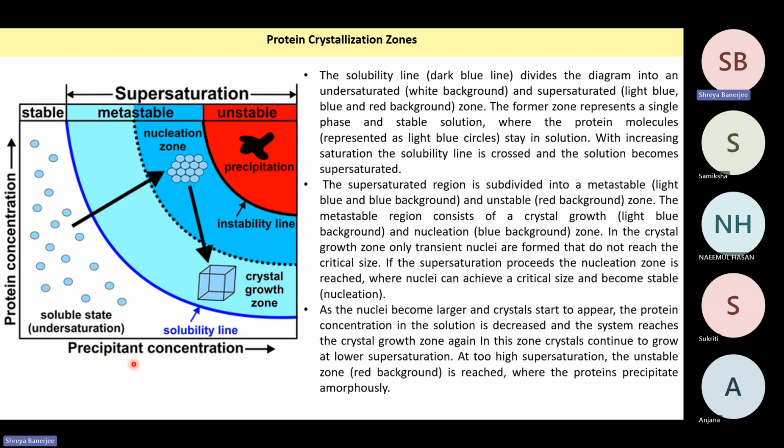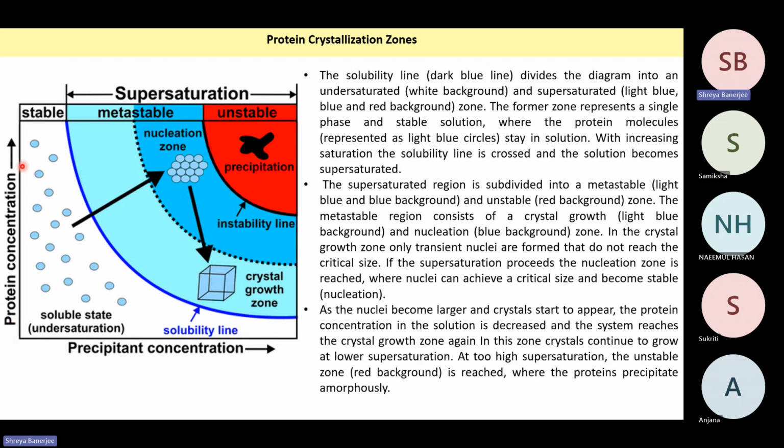Precipitant is basically a molecule that helps in crystallization. It is not part of the crystal, but it helps to bring the protein molecules close together so that they can form crystals. So there has to be a very good balance between the concentration of protein and precipitant.